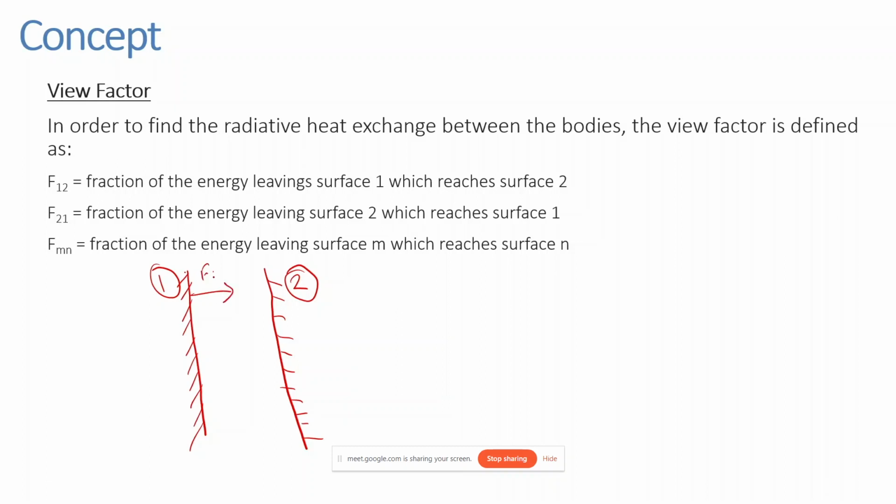This is my F12, and this is my F21, because this will be incident on the first surface and similarly this will be incident on the second surface. Similarly, F11 is the fraction of energy which leaves surface 1 and reaches surface 1 again, and in this case F11 is equal to 0. Similarly F22 is equal to 0.